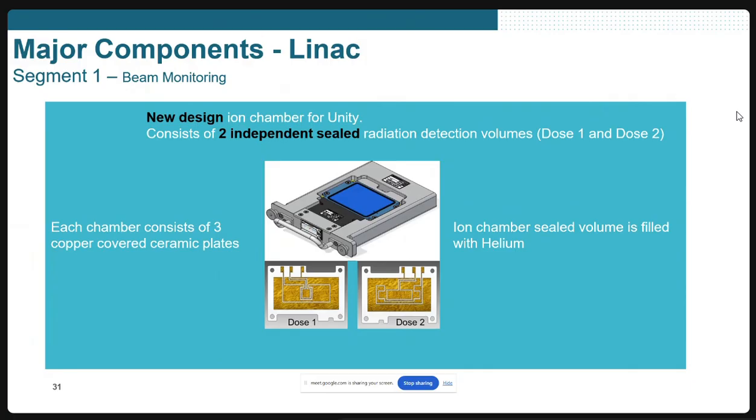But at that level, a conventional ionization chamber is going to saturate a lot. So we need better ionization chambers which do not saturate at that dose rate level. That is where we have the advantage of these helium-filled ion chambers, which are specially made for the MR-LINAC because of the high dose rates.